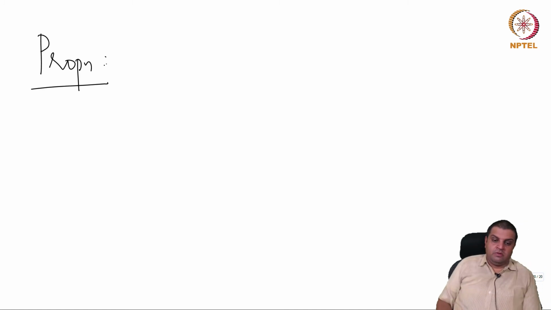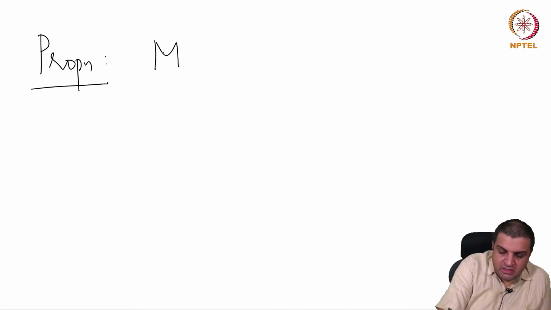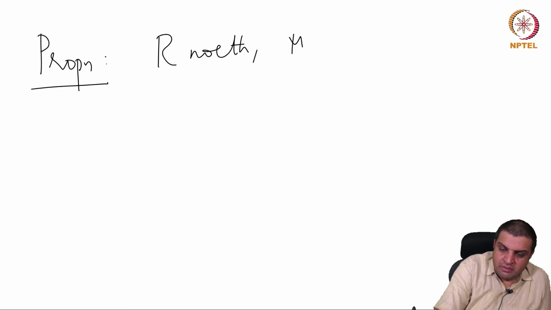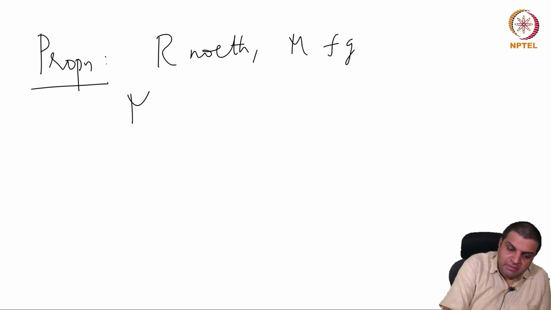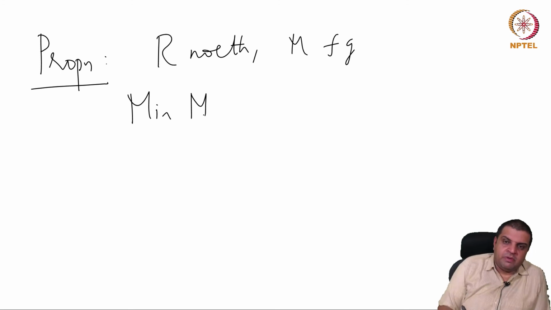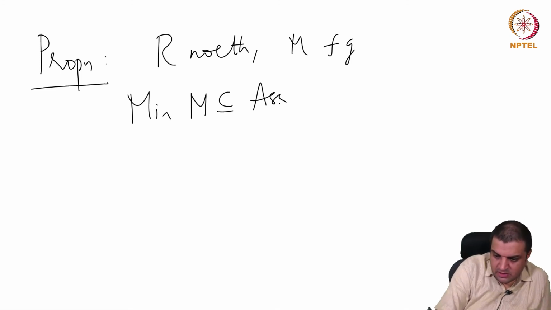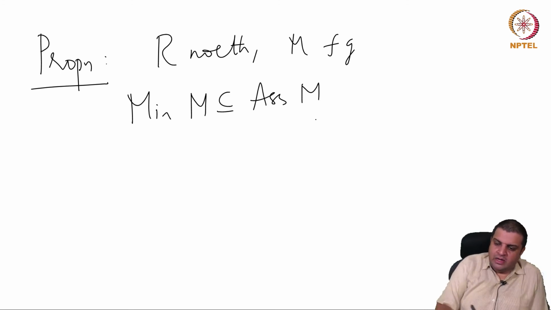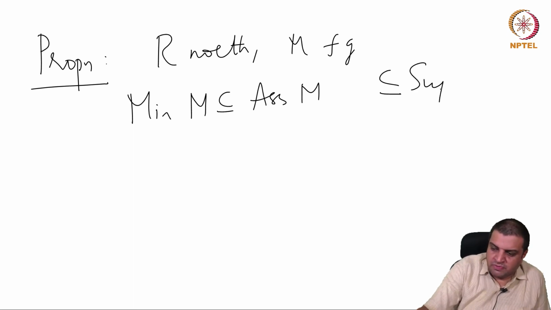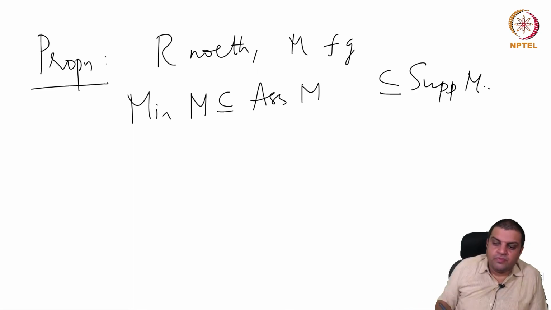Okay. So now let's prove the following proposition, which was what we had used in the previous proposition. Let R be Noetherian, M finitely generated. Then the minimal primes of M are inside the associated primes of M, and all of these are actually subsets of the support of M. Okay.